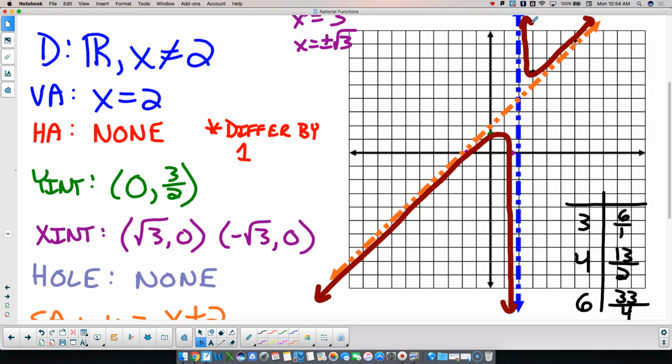So that means it's going up and to the right the whole time, right? So the end behavior over here would be as x goes to infinity, my function goes to infinity, because it's going up and to the right.